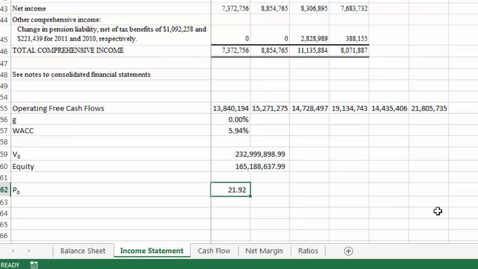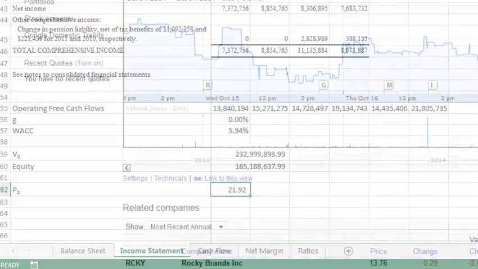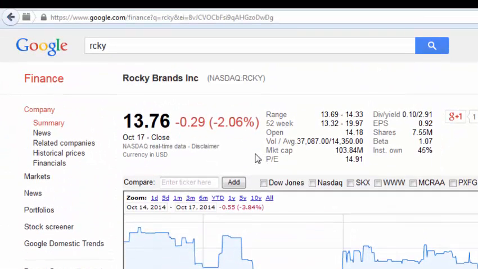Now this is a high estimate for what they are currently trading at. Let me go show you what they're currently trading at. So 1376 is what they're currently trading at, but I've already shown you that it looks like their cash flows are not growing, they're actually declining.